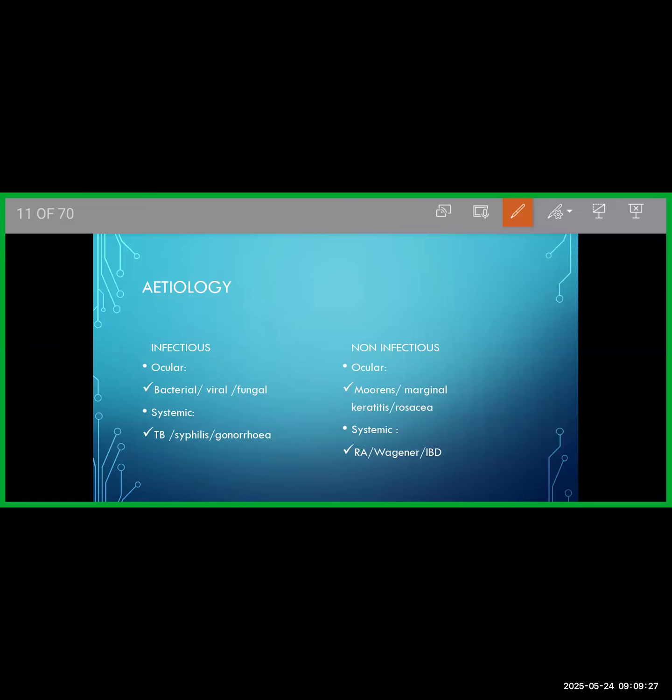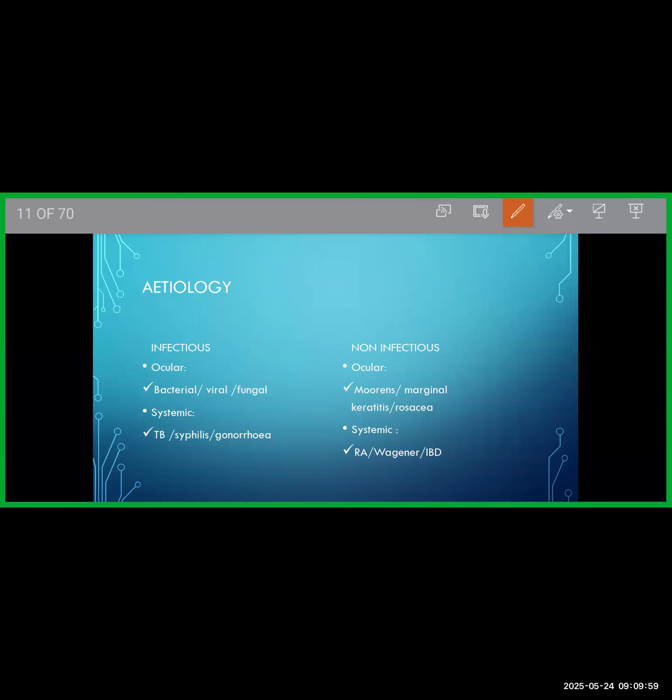Now, the etiologies of PUK are divided broadly into infectious and non-infectious. The infectious is subdivided into two: the ocular etiology and the systemic etiology. The ocular etiology includes bacterial, viral, and fungal. Now, the bacteria, viruses, and fungi do not directly cause the ulceration seen at the periphery. Rather, it is hypersensitivity to these bacteria, viruses or fungi that results in the peripheral ulcerative keratitis seen in this case.